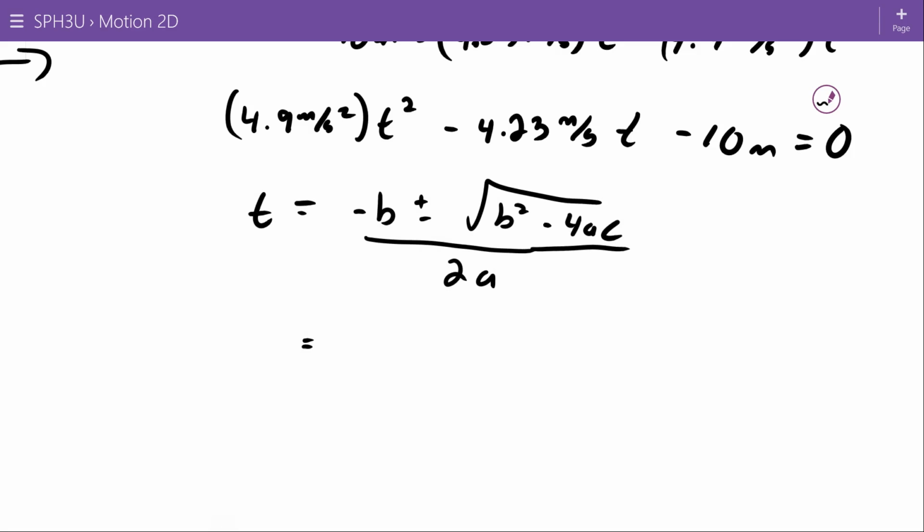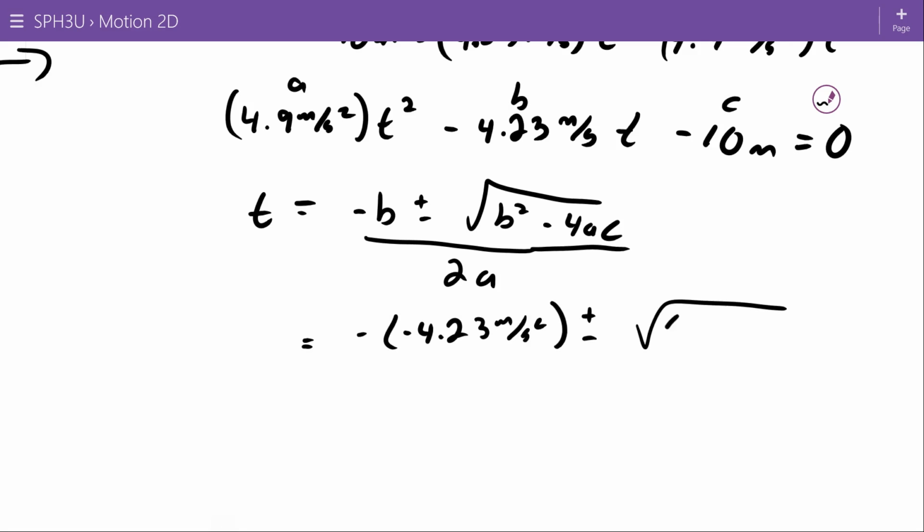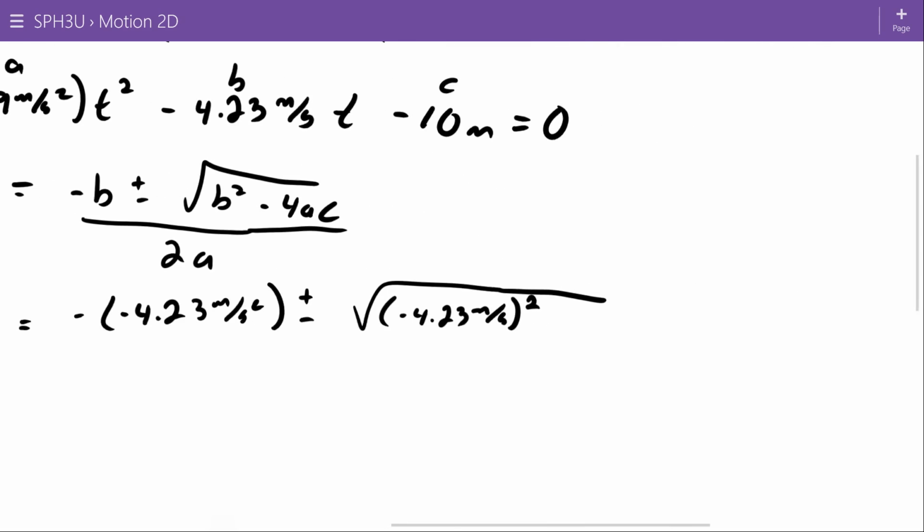So negative b, remember this is a, this is b, this is c. So negative b means negative 4.23 meters per second, plus or minus the square root, negative 4.23 meters per second, that is squared there. Oh, that's not meters per second squared, that's just meters per second.